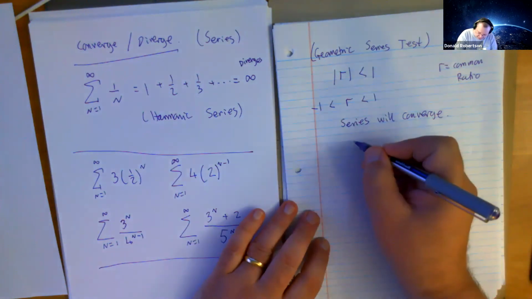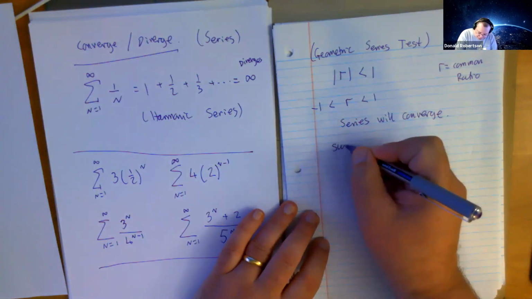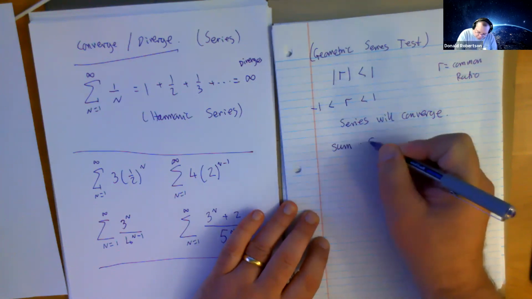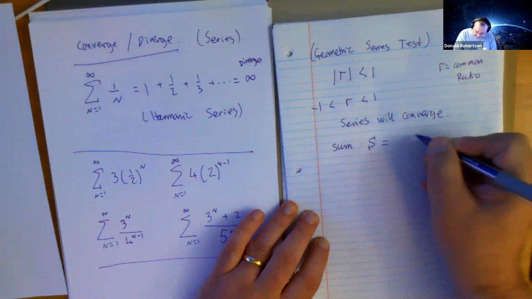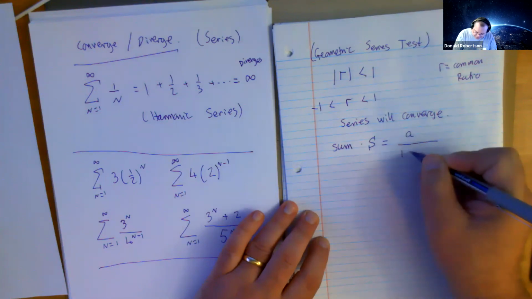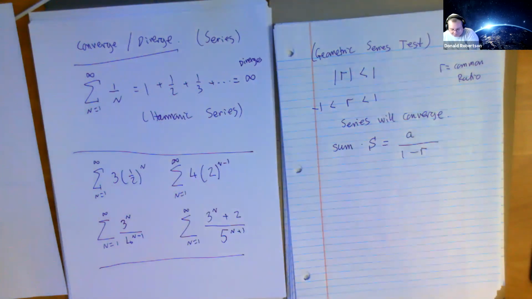And not only will it converge, I can also tell you what the sum of it is, what the series adds up to. And it's given by this formula, A over 1 minus R. So some questions will ask you for the sum, other questions will just say, does it converge or diverge, right?